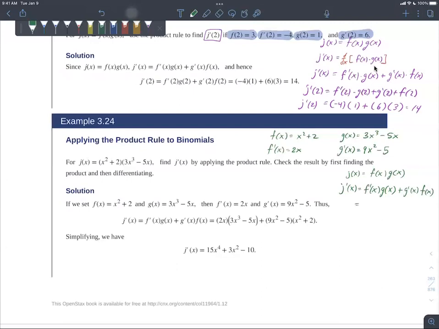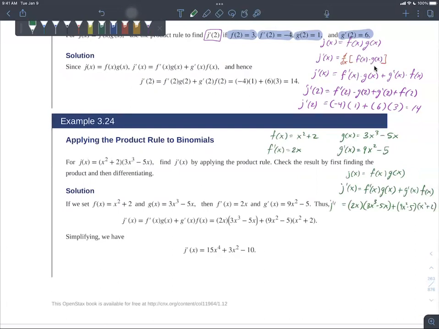And so we plug in our functions. f prime is 2x. g of x is 3x cubed minus 5x, plus g prime of x, which is 9x squared minus 5, times f of x, which is x squared plus 2.